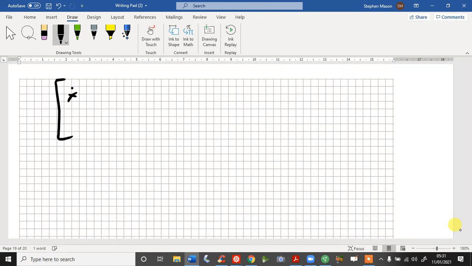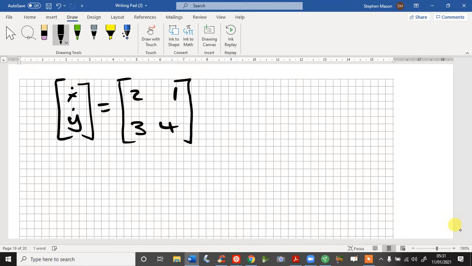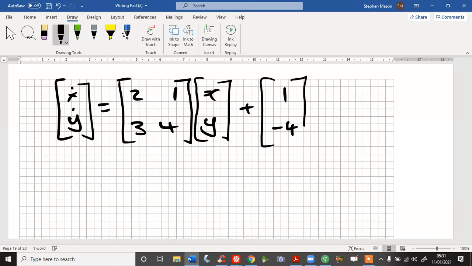So we've got x dot, y dot equal to 2, 1, 3, 4, multiplied by the vector x, y, plus 1, -4, t, plus -2 and 0. Right, okay.